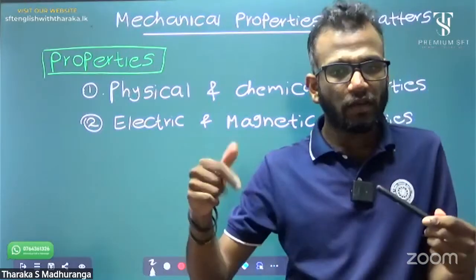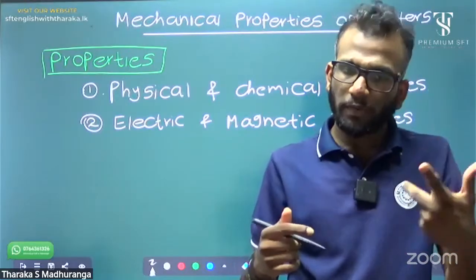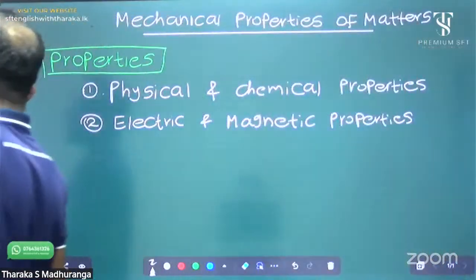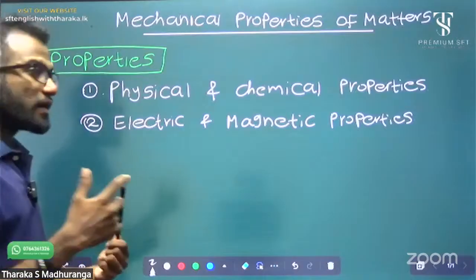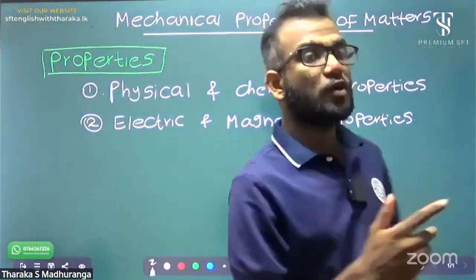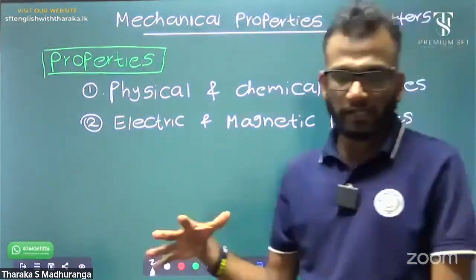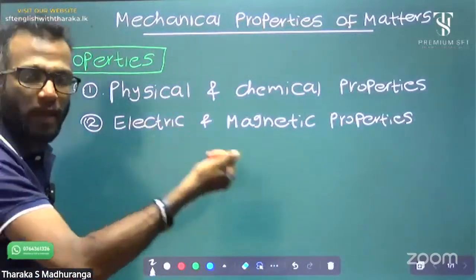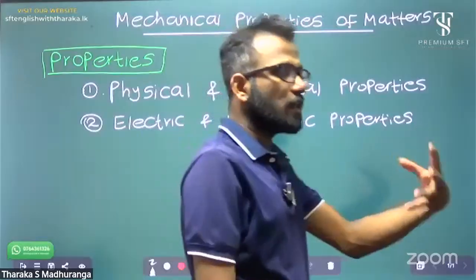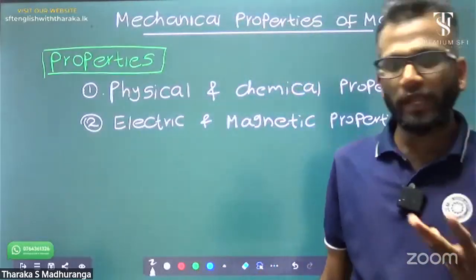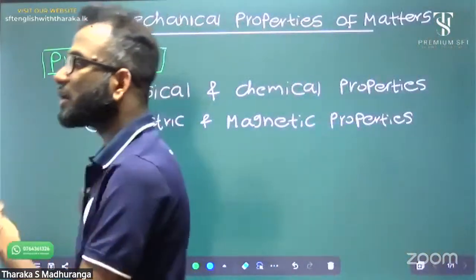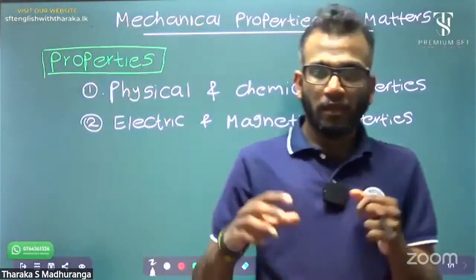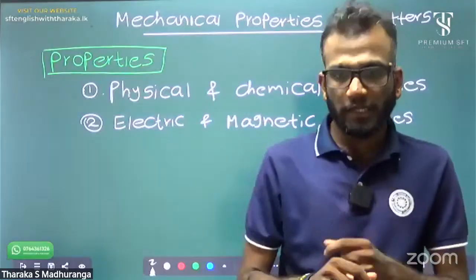Fleming's left hand law and Fleming's right hand law we can use to understand magnetism. Conductors, semiconductors, insulators, they are the electric properties, that means electric conducting ability, right?